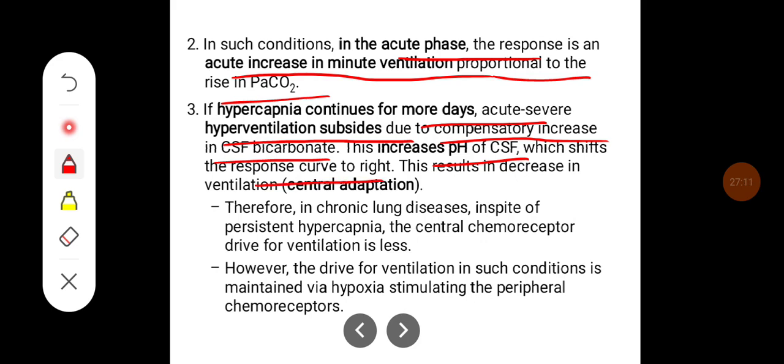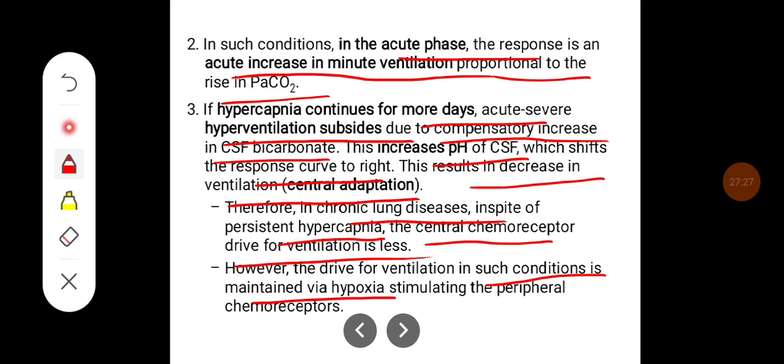So this results in a decrease in ventilation, that is central adaptation. Therefore, in chronic lung diseases, in spite of persistent hypercapnia, the central chemoreceptor drive for ventilation is less. However, the drive for ventilation in such conditions is maintained via hypoxia stimulating peripheral chemoreceptors.